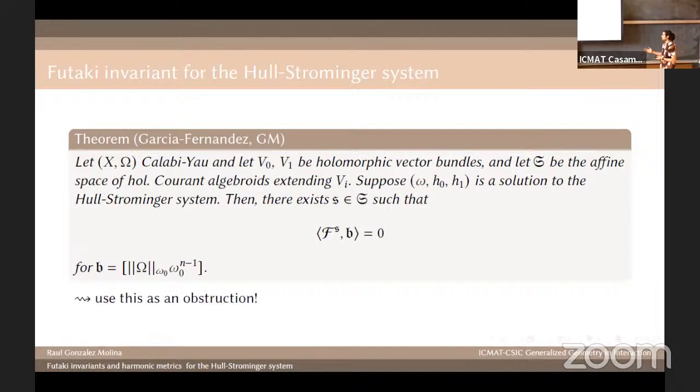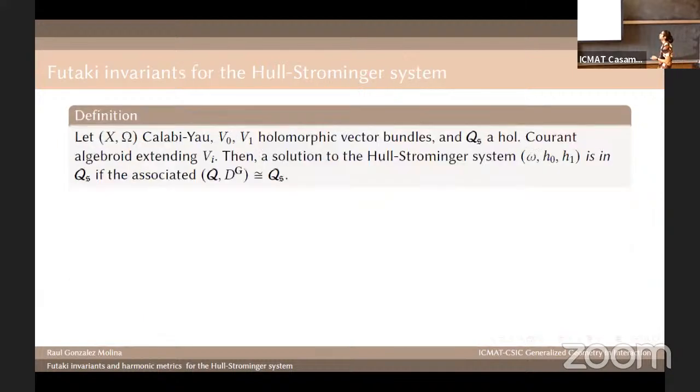Of course, the point of all this is to use it as an obstruction. So we are going to reinterpret this invariant as an obstruction to detect the impossibility of finding solutions to the Hull-Strominger system. Let me explain how this goes. Just a little definition.